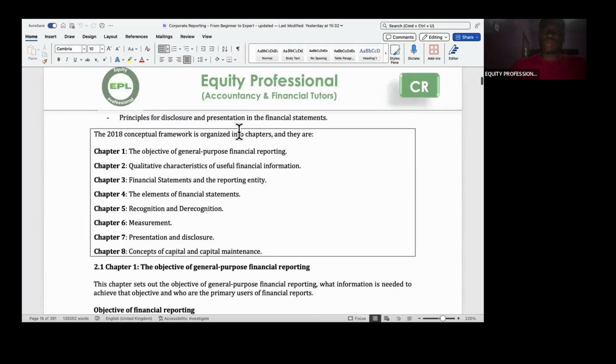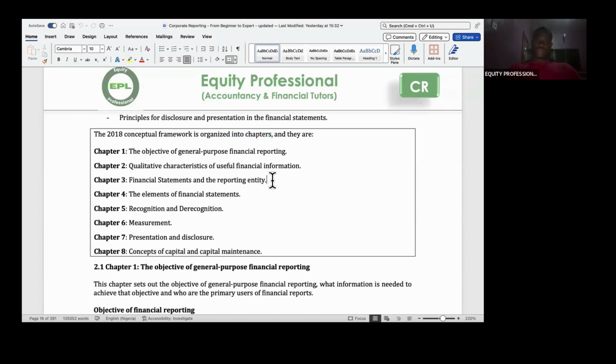So this 2018 conceptual framework is organized into chapters. And don't forget, these chapters will contain the set of principles I'm talking about. There are 8 chapters. Chapter 1 talks about the objective of general purpose financial reporting. Chapter 2 talks about qualitative characteristics of useful financial information. Chapter 3 talks about financial statements and the reporting entity.